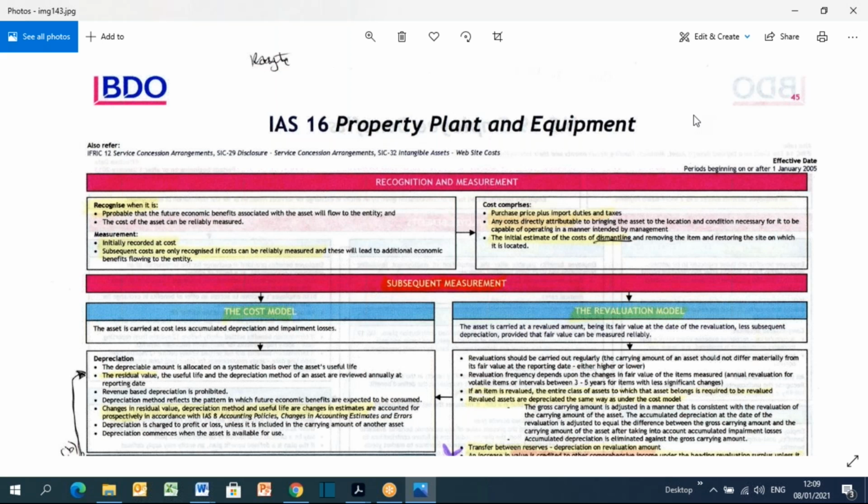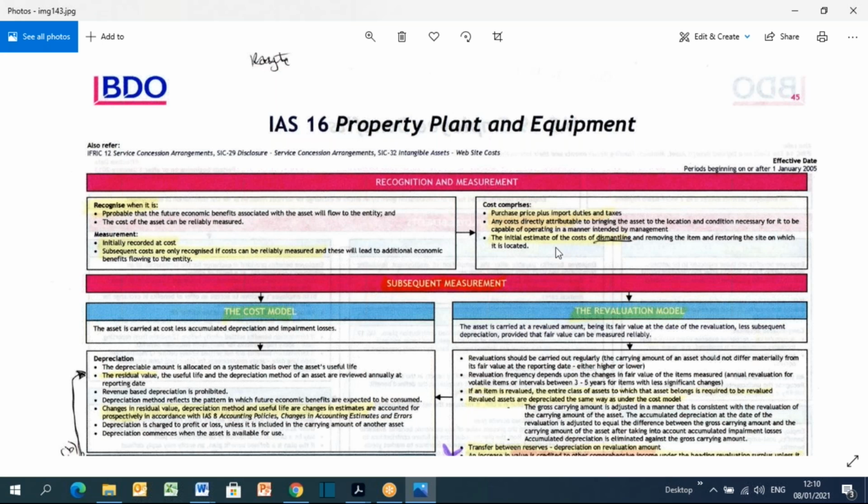So for example, from this, you have to know that the asset is to be recognized when it is probable that future economic benefits associated with the asset will flow to the entity, and the cost of the asset can be measured reliably, and the cost would include the purchase price plus any additional taxes, and you have this information in here.